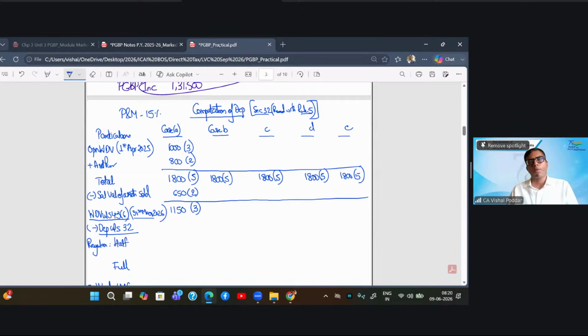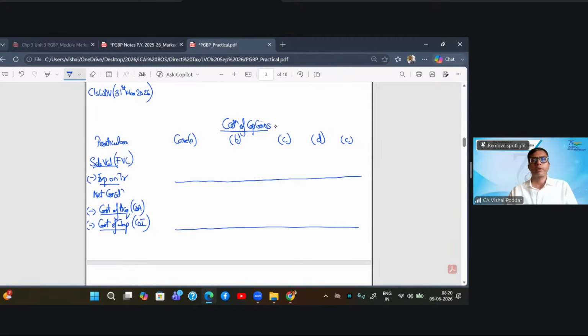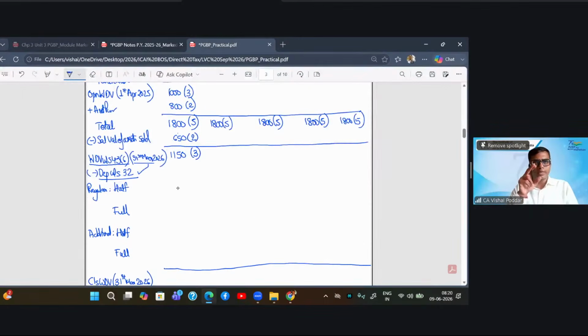Now, once you reach this position, the first point that you have to check is, should I compute depreciation or should I compute capital gains? This decision has to be taken at the point when you find out the WDV under section 43.6.